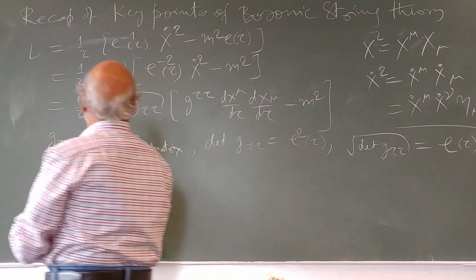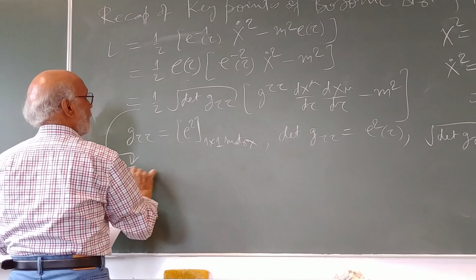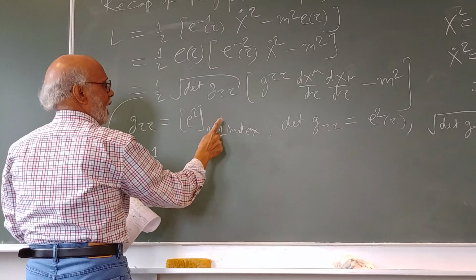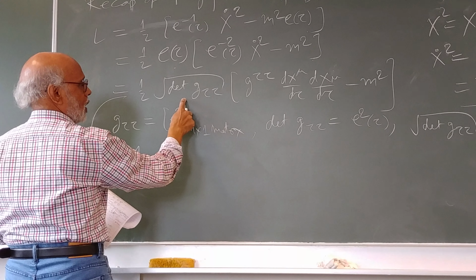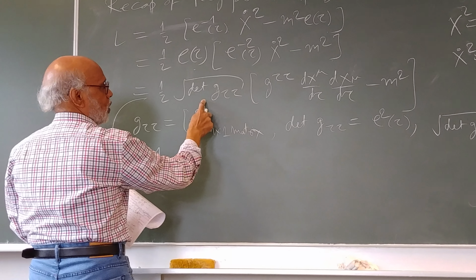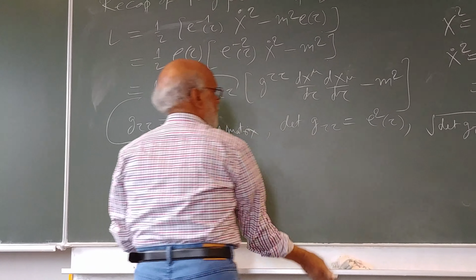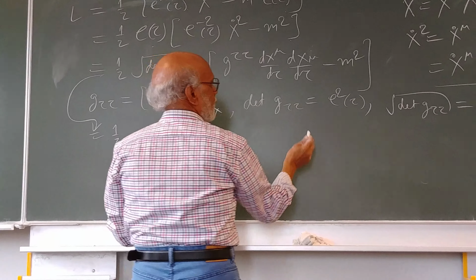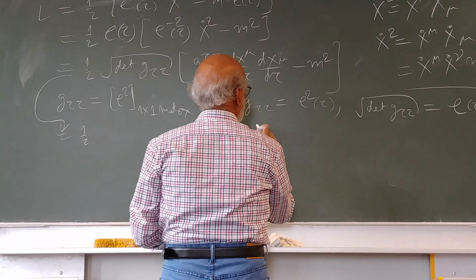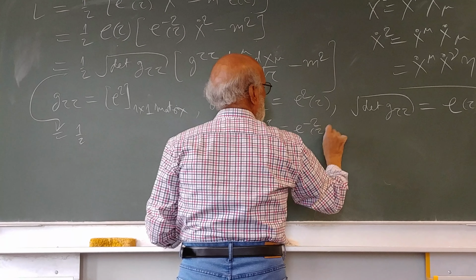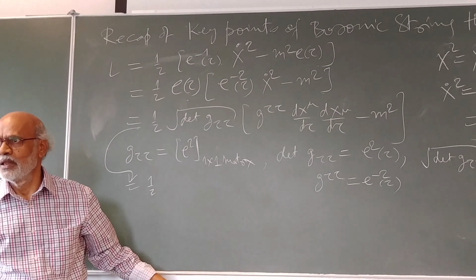And you see here, g tau would be e to the power minus 2.